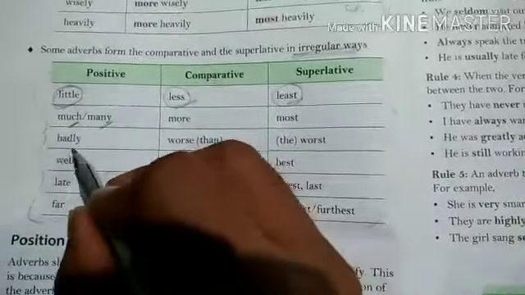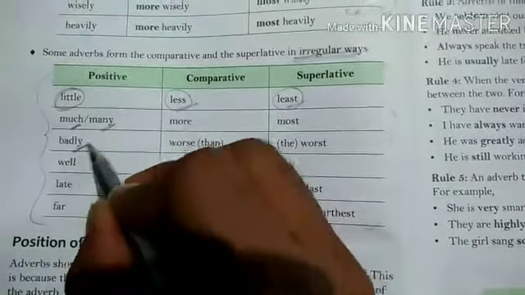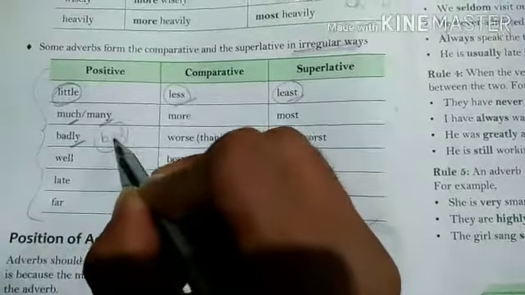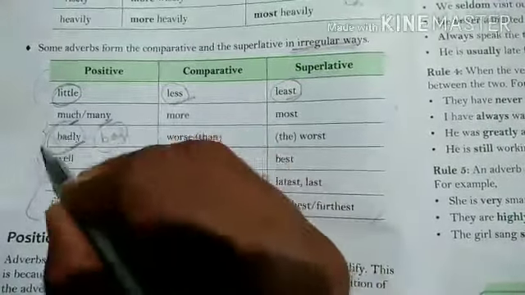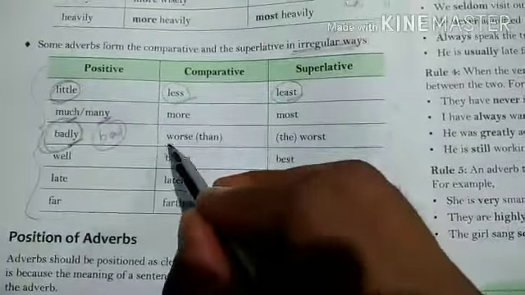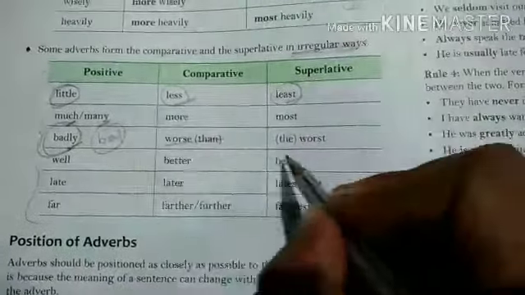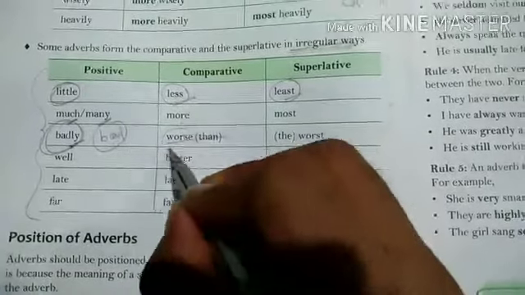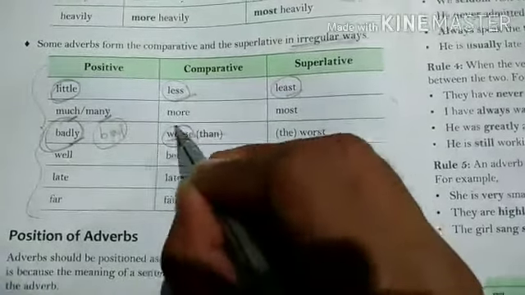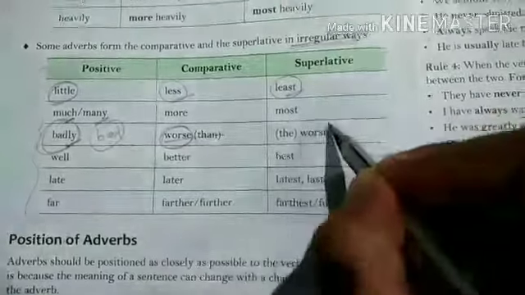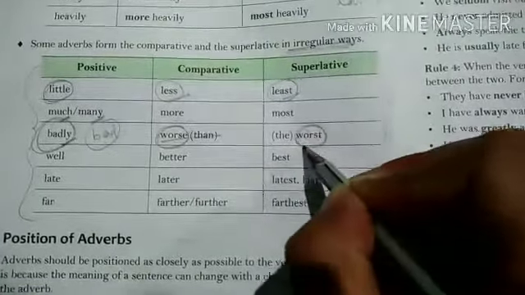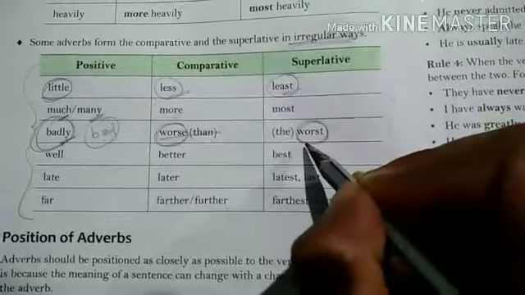Badly: like we have in adjective bad and in adverb badly. So badly becomes worse, like bad becomes worse. So worse can be used both as adjective and adverb, and worst can also be used as adjective and adverb.